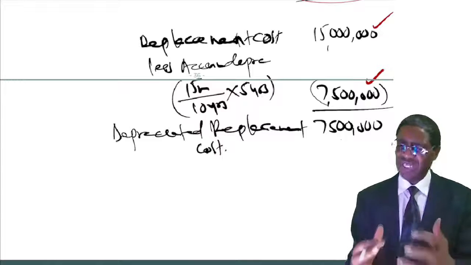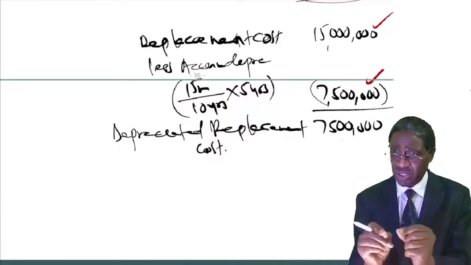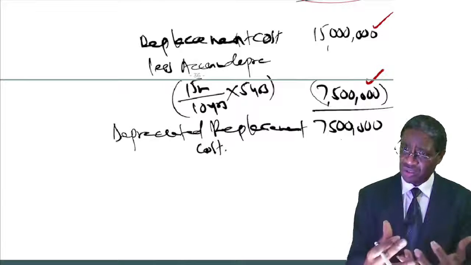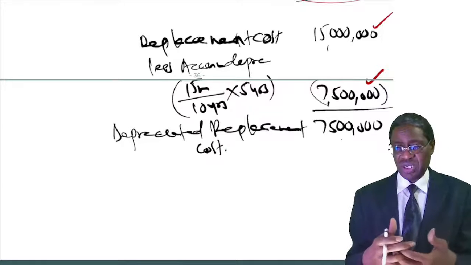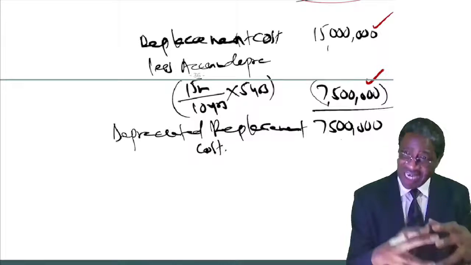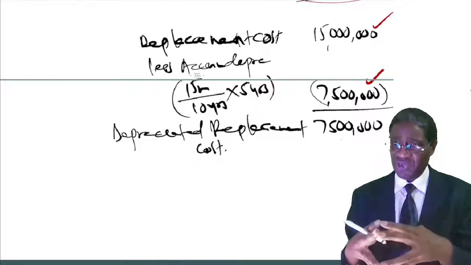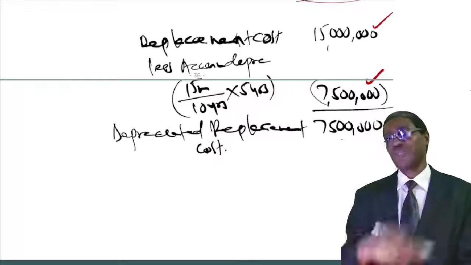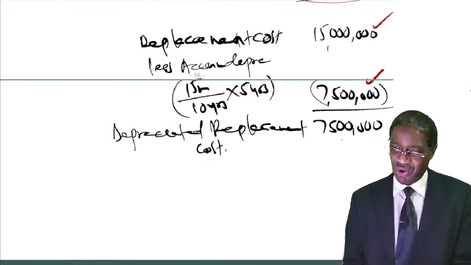You will have to find out, to restore the vehicle that was destroyed or had been damaged to a usable condition, what would be the restoration cost? To restore the other asset that was damaged to a condition that you can still use it, what would be the restoration cost?